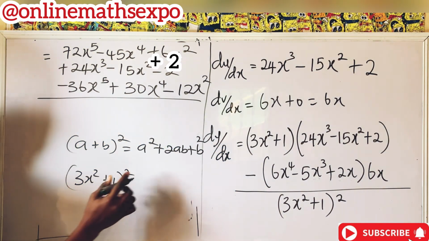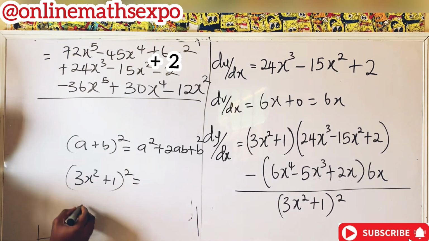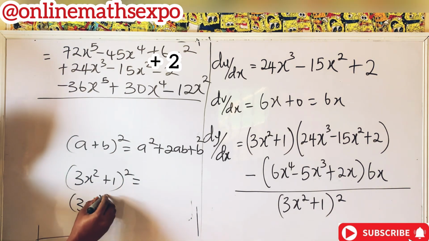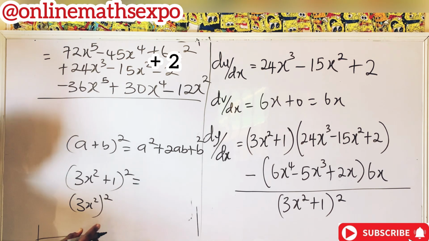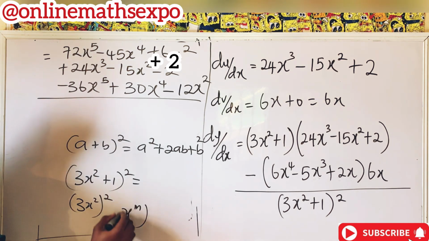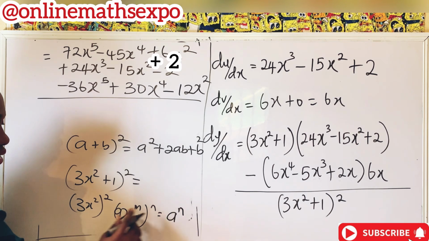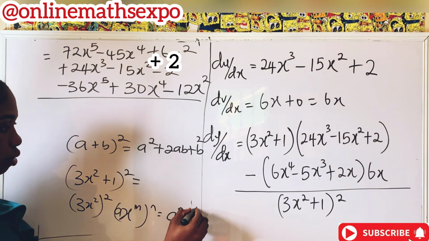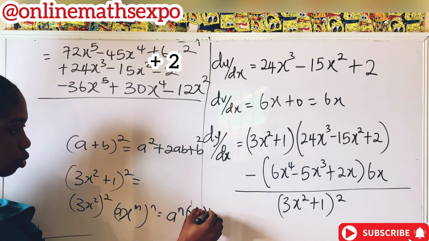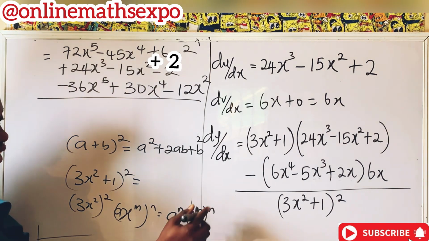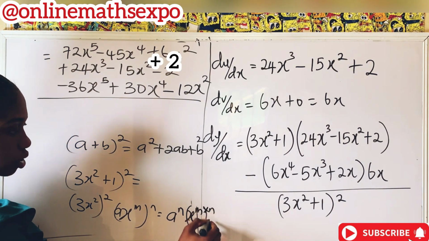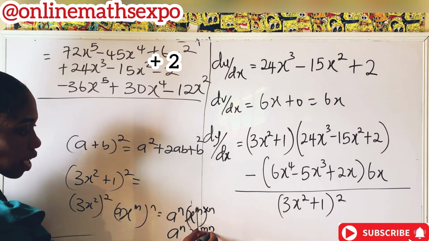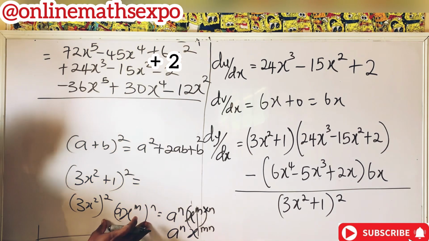So if you have this now, we're going to have 3x squared will be raised to power 2. And in your indices, x raised to power m raised to power n means a raised to power n and x raised to power m will also be raised to power n. And in that case, you also multiply the power to now have a raised to power n, x raised to power mn. So this is what you have for this.